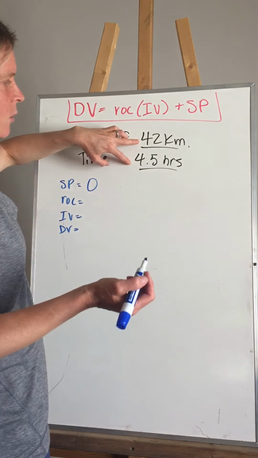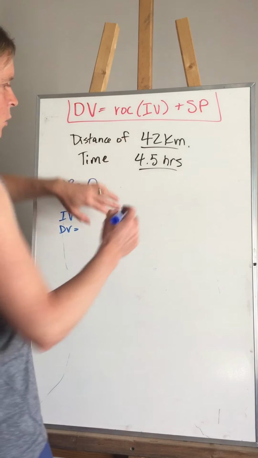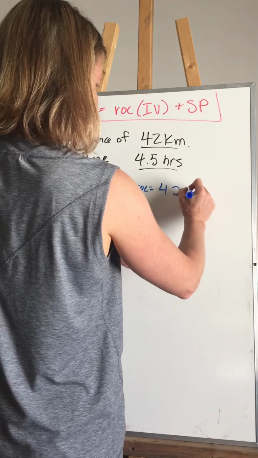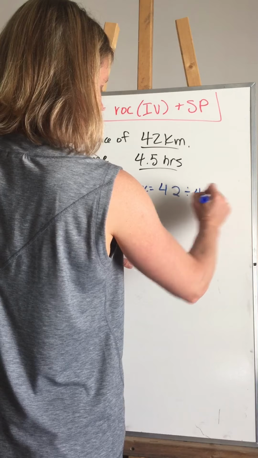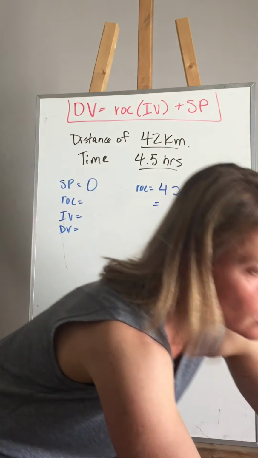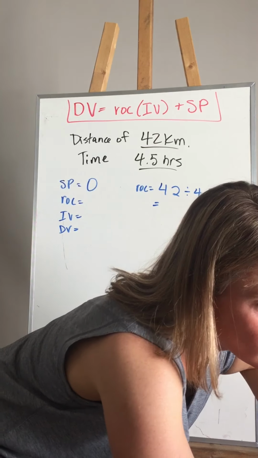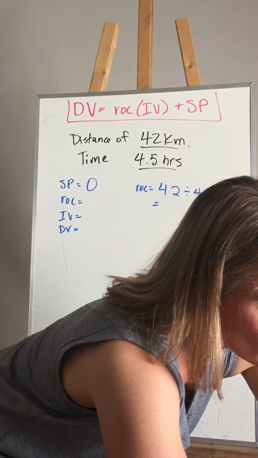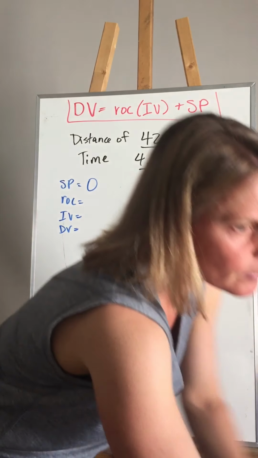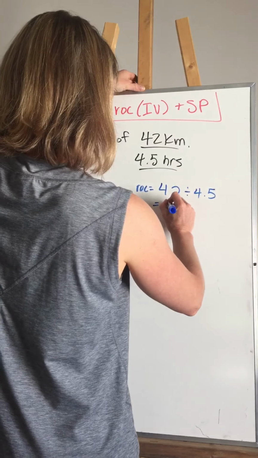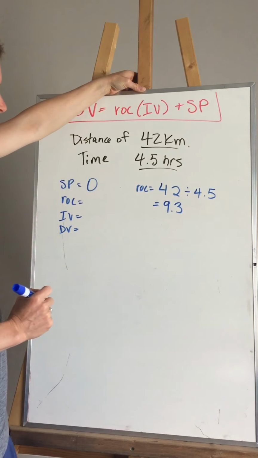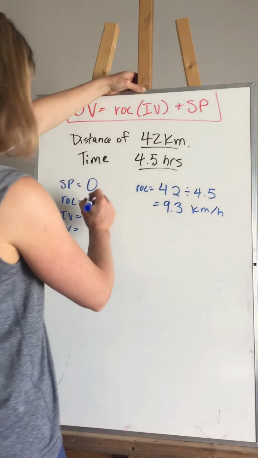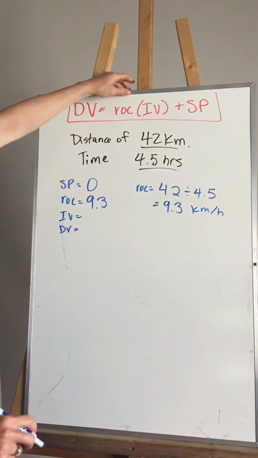So I can calculate their speed in kilometers per hour. 42 divided by 4.5 is going to give you your rate of change. It's 9.3 repeating, so I'm just going to write 9.3, in kilometers an hour.